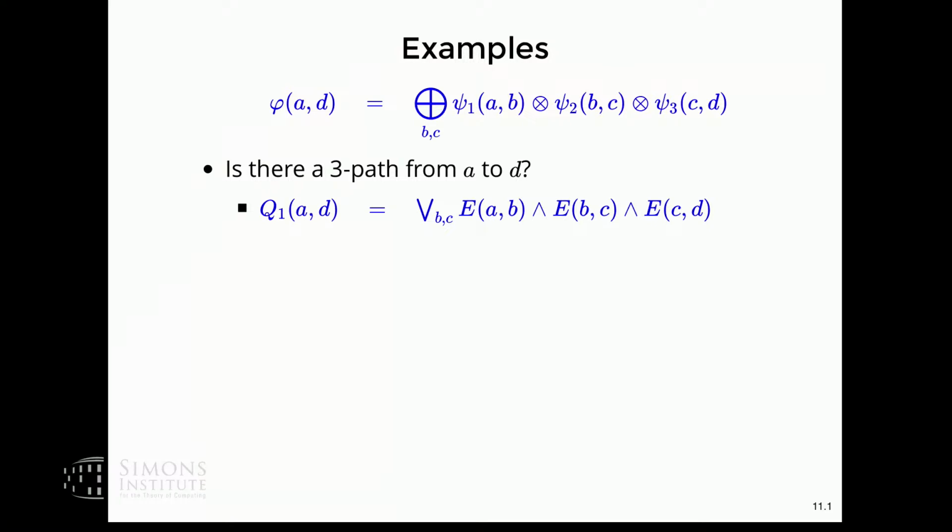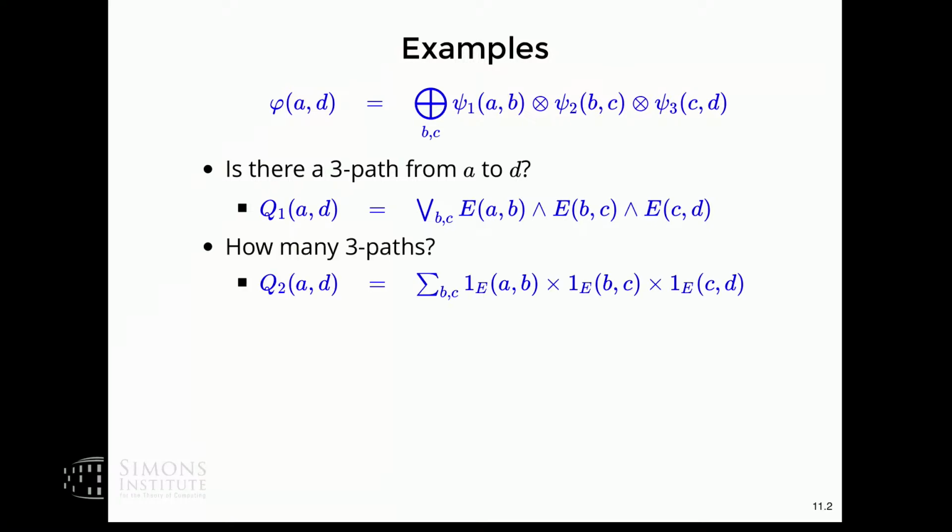And what we used over here is basically the Boolean semi-ring. Alternatively, we could have used the exact same sum product query to count the number of paths from A to D. And for that purpose, we need to use a different semi-ring.